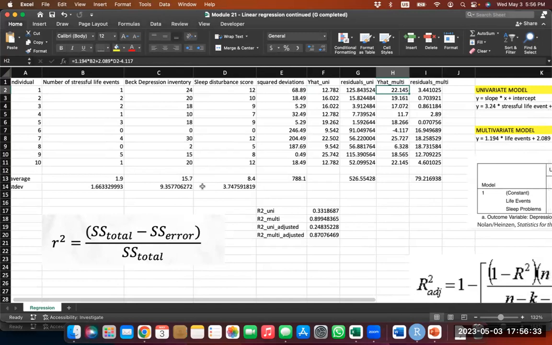So remember, we had discussions about how to build regression models, and we built 2 regression models. The first regression model was predicting the Beck Depression score utilizing the number of stressful life events in the course of a subject's or patient's life.